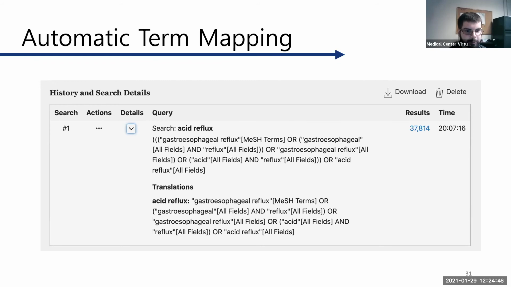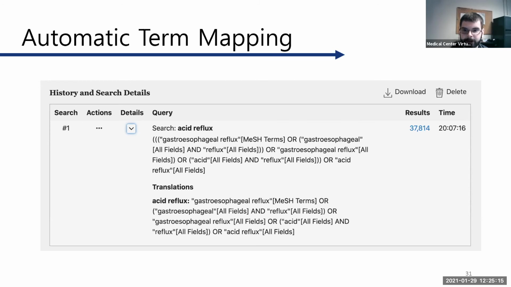And the search details shows you how PubMed is interpreting your search using the automatic term mapping. So for our acid reflux example, you can see that PubMed is actually searching for the term gastroesophageal reflux. What this means is that even if we don't know the medical term for acid reflux, if we don't know that it's actually gastroesophageal reflux, PubMed knows what we're searching for, and will search for any citations with that term.